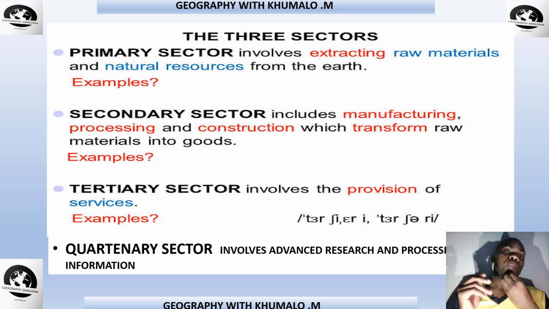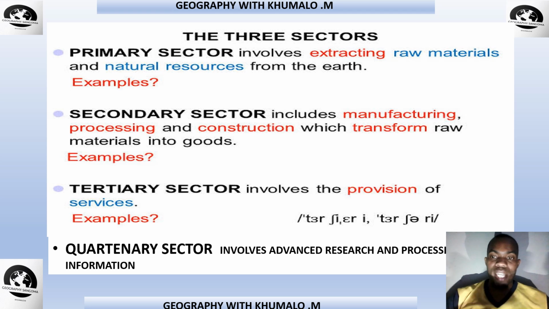So now, the primary sector, we said that it deals with what? The extracting of mineral resources. And these mineral resources, when they are extracted from the ground, are still in a raw material form. That simply means they still have to be processed, grade 12.